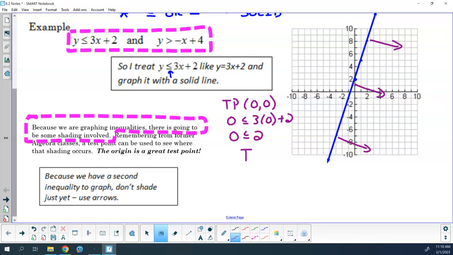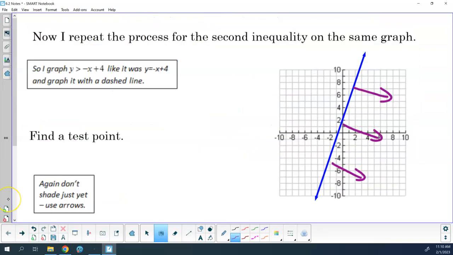Step 2 then would be now I need to rinse, lather, and repeat that process for any and all other inequalities within my system. So now I'm going to look at this graph of y is greater than negative x plus 4, and I'm going to graph that as if it was y equals negative x plus 4.